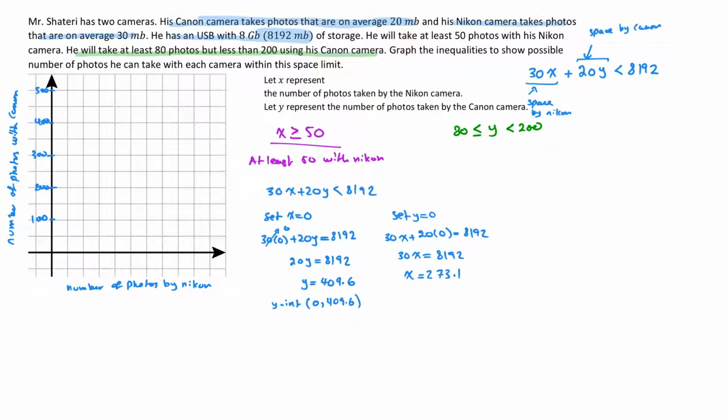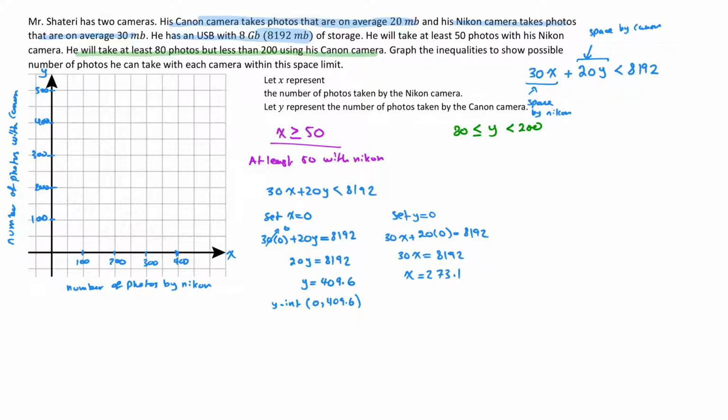I need to go up to a maximum value of 300. I will just use the same scaling here, 200, 300, 400, and that should be enough there. I will label this as X, label this as Y, and then I will put approximately my points over here.